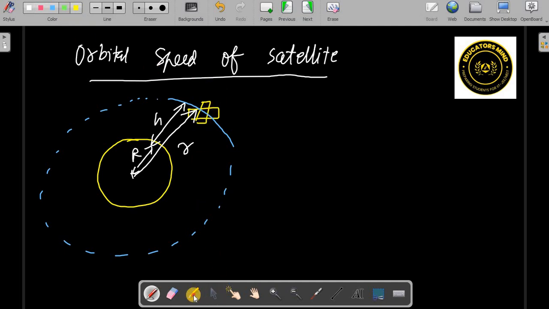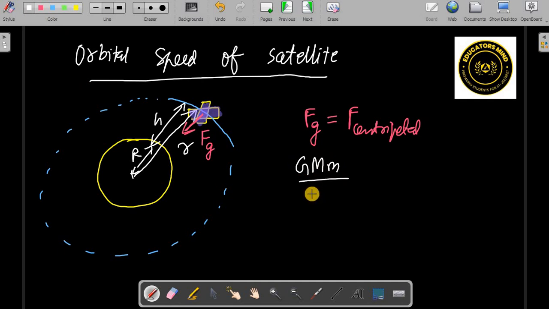As it is going around the Earth, we can see the force acting on the satellite is only due to gravity. That gravitational force is the centripetal force. So gravitational force is GMm by r square, and centripetal force is m v square by r.